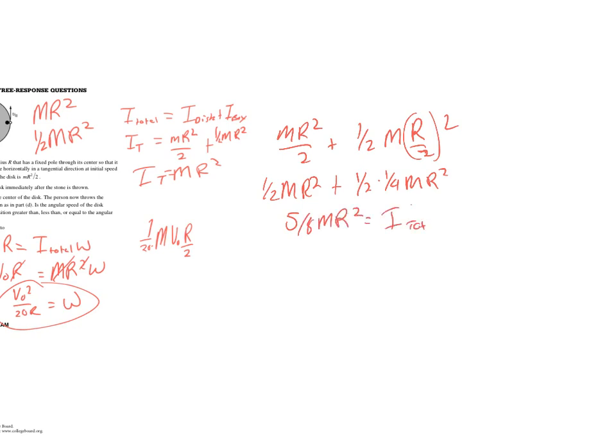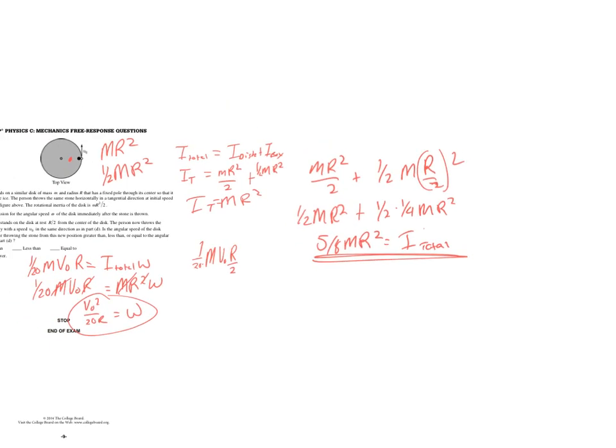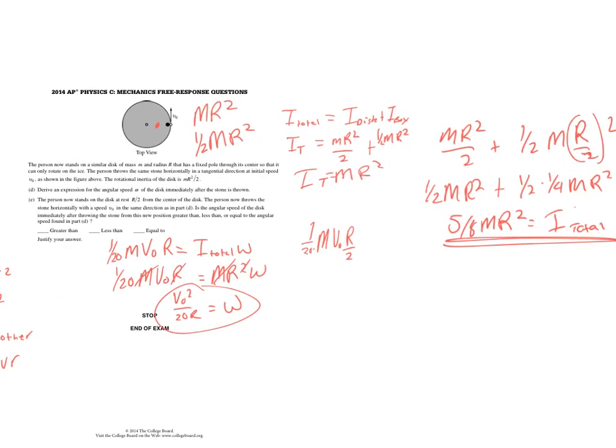So basically, moving this boy changes the total, right? And it also changes what we initially start with. So it's changing both of them. Now the initial momentum is not 1/20th mv naught r, it's now 1/20th mv naught r over 2, and the total moment of inertia is no longer mr squared, it's now 5/8 mr squared.